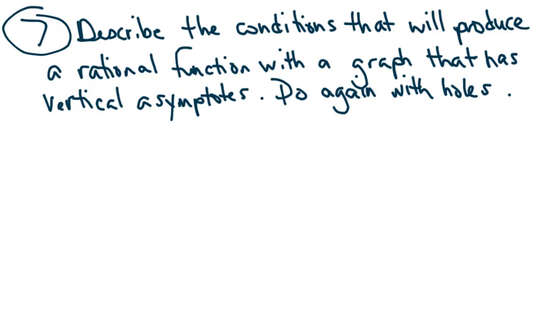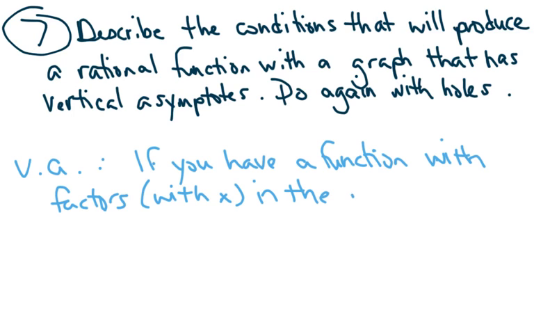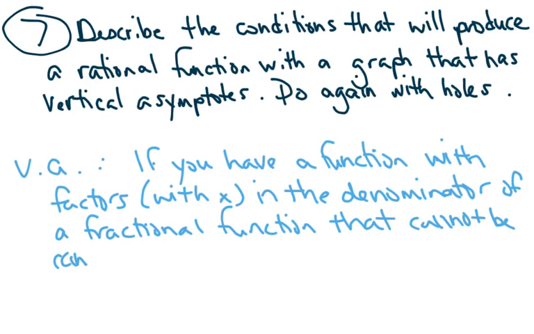You're going to get a graph with vertical asymptotes if you have a function with factors with x in the denominator of a fractional function that cannot be canceled with a factor in the numerator.